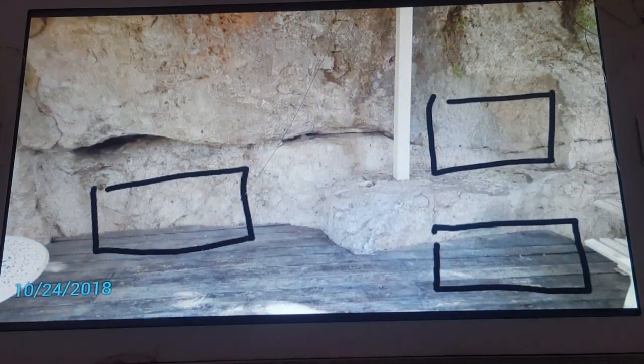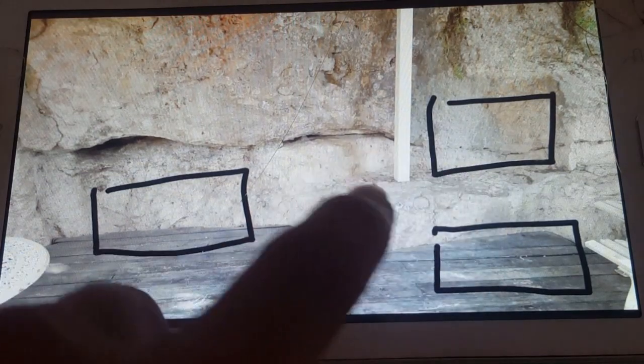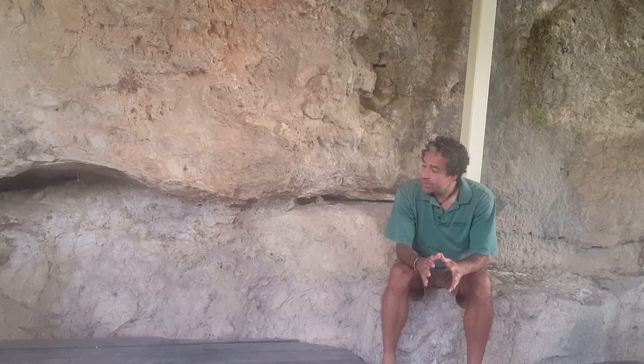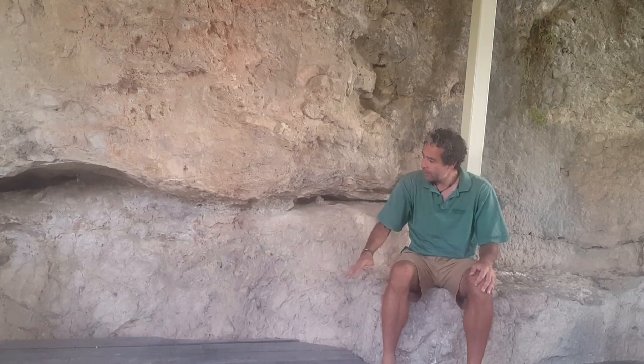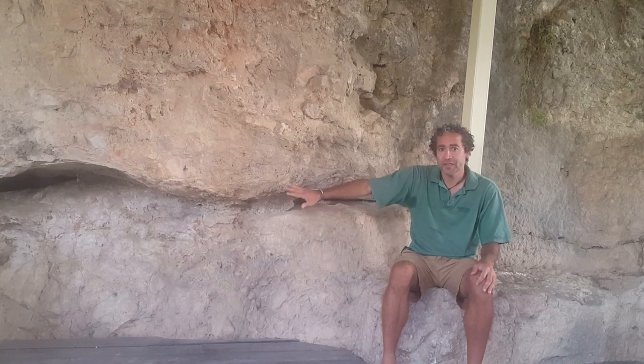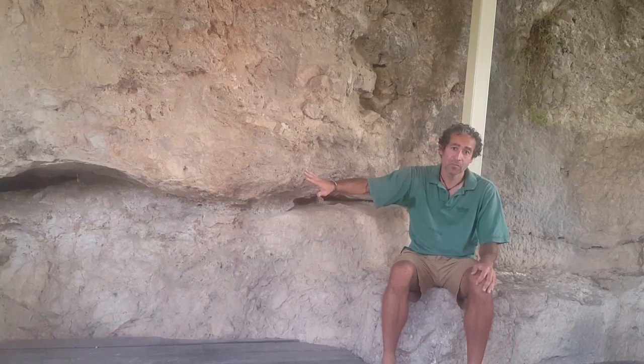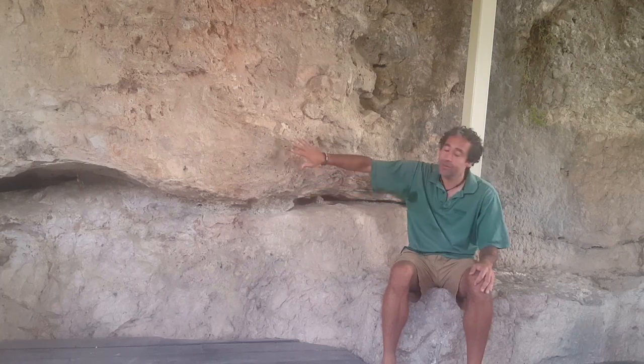Again here, we can see that ridge, and when we go on site, this is where we'll be, in this area, showing you where these placards were. At the garden tomb, guys, I want to point out this location and show you these cutouts here. I'll show you some other photos, but Ron Wyatt testified that this was the location where they put the placards in the wall.